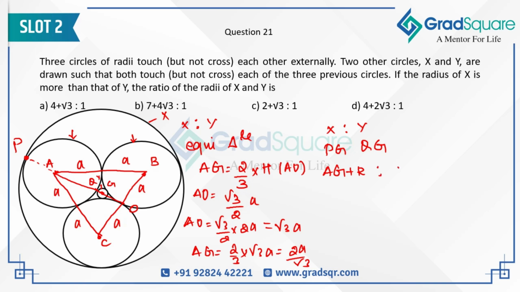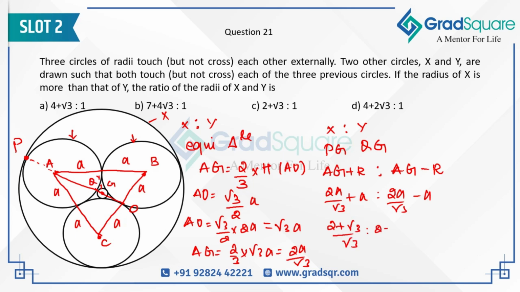And this is going to be AG minus R, because x radii must be greater than the radius of y circle. So AG is what? 2a/√3 plus radius is a. This is going to be 2a/√3 minus a.